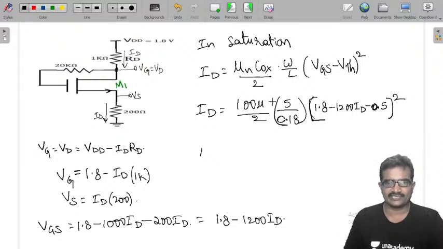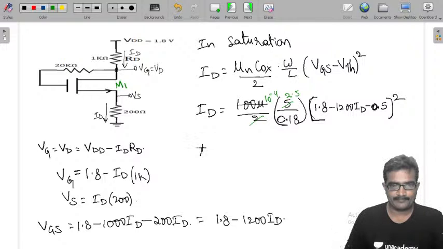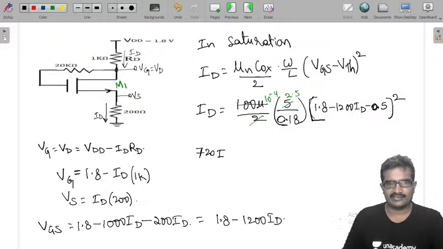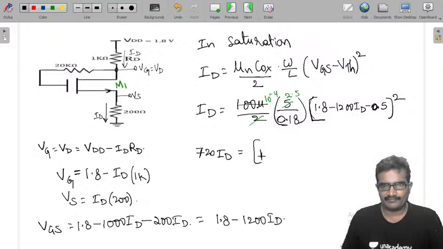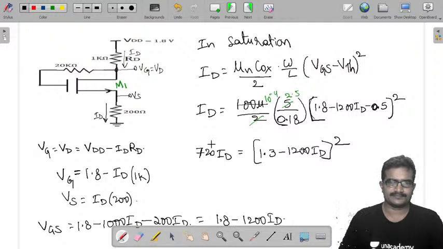Therefore ID, so it is 10 power minus 4, it is a 2.5. 1800 divided by 2.5 is 720 ID. 720 ID equal to 1.8 minus 0.5 is 1.3 minus 1200 ID whole square. So this is a second order equation.